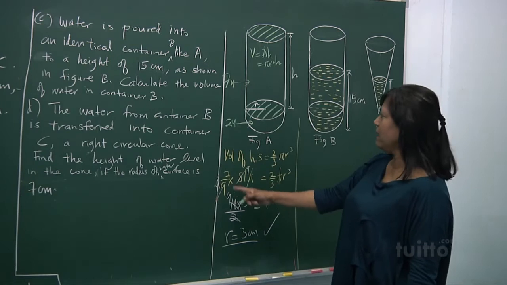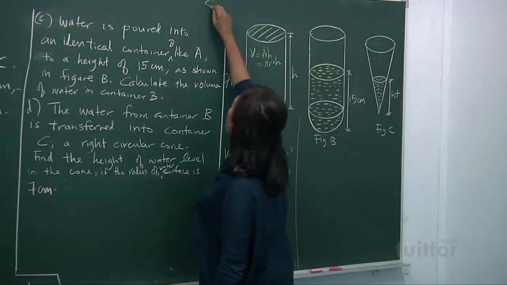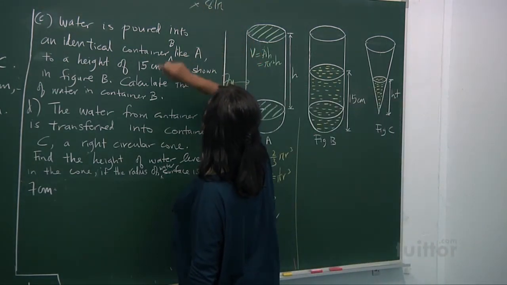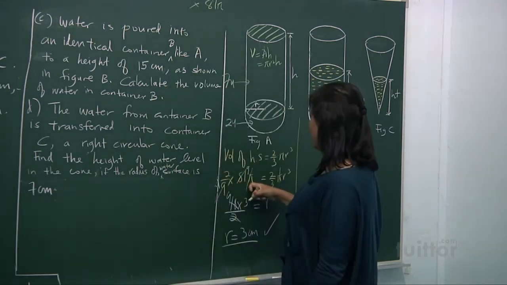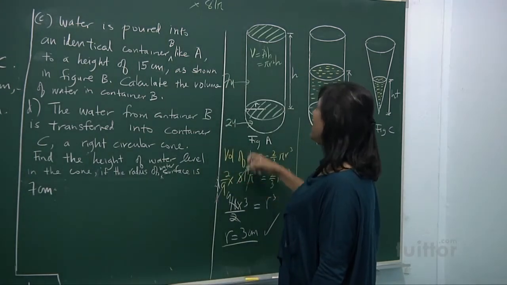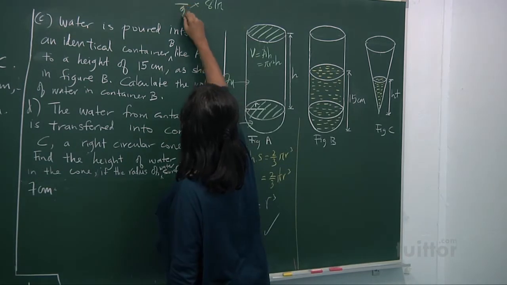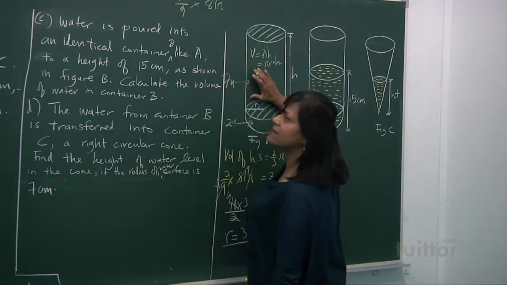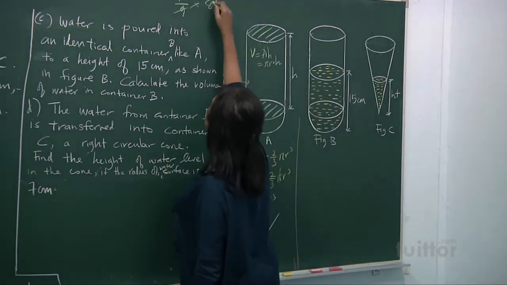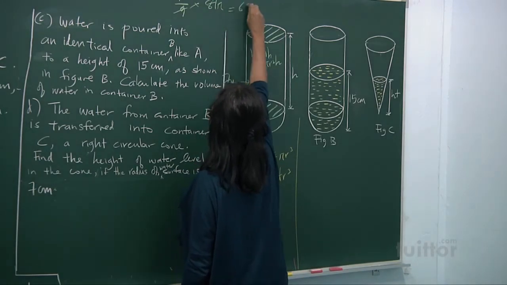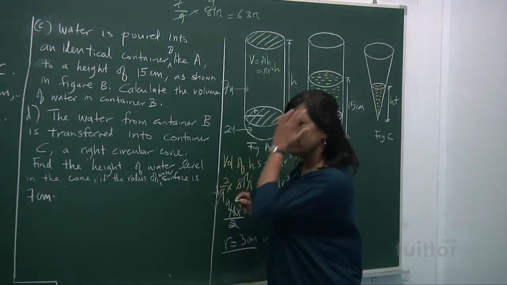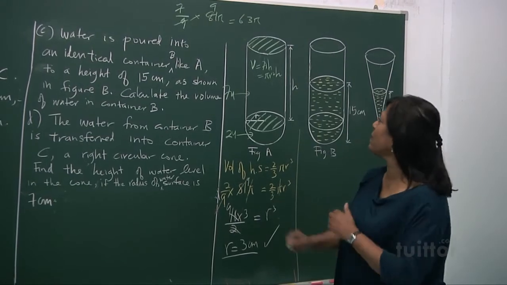You've got here 81 pi, and this is 2 parts of it. We divide it by 9, and you multiply by 7 because this is 7/9 of it. So we could cancel it, and we've got 63 pi. You got it? So that's 63 pi.